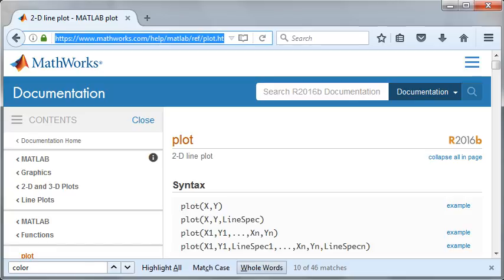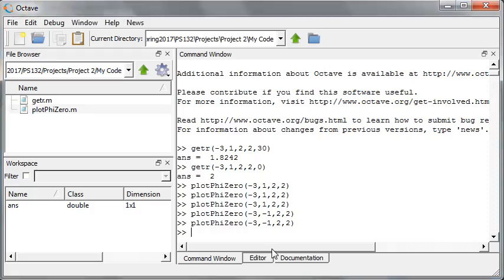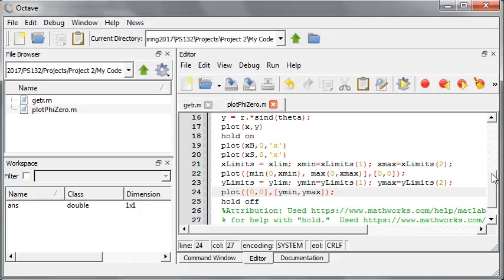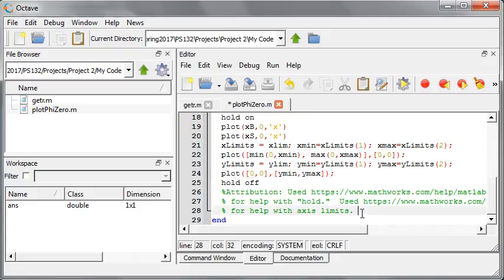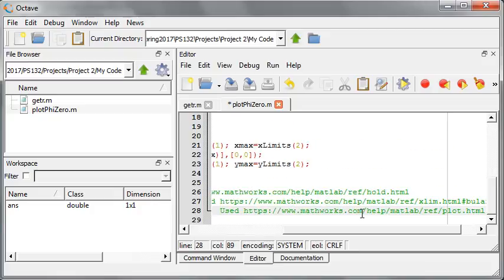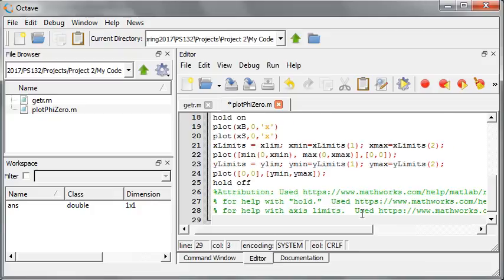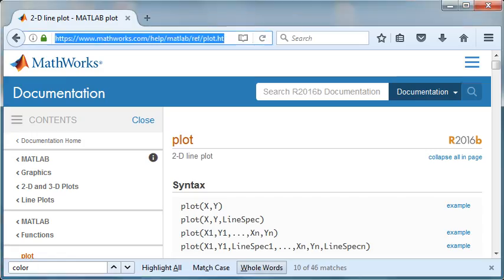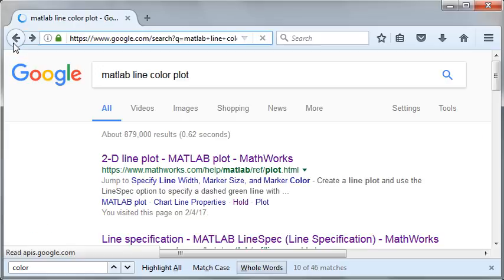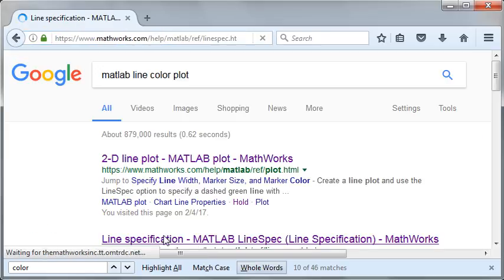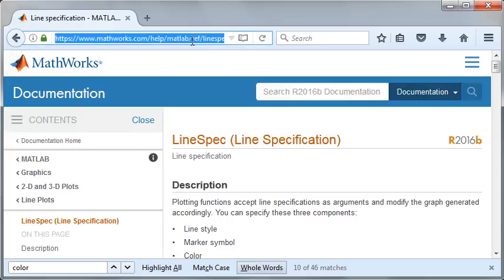My attributions. Alright. Editor. Used Control V. Percent, and all I have to do is put a B in quotes.